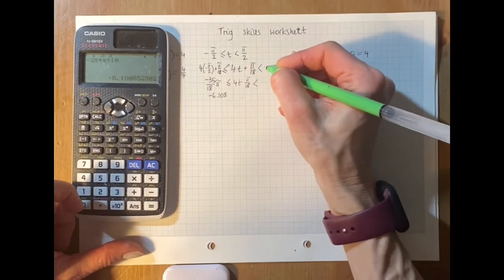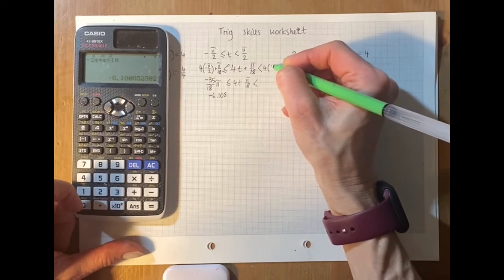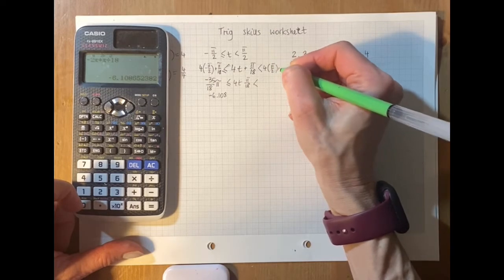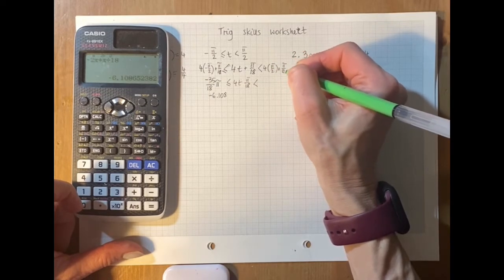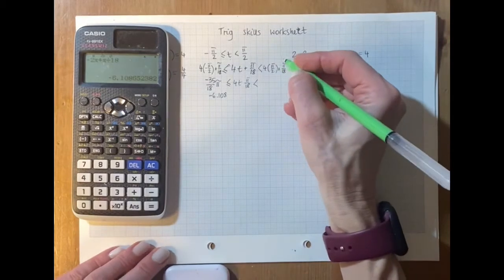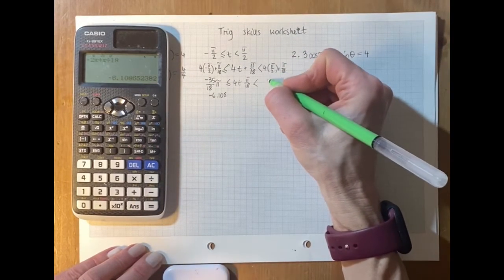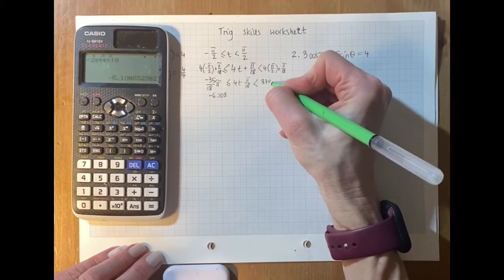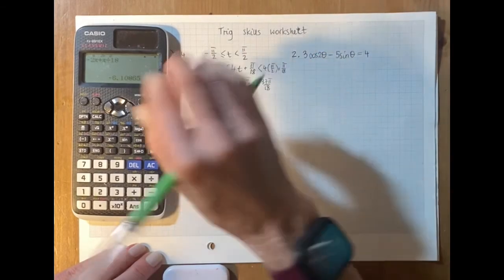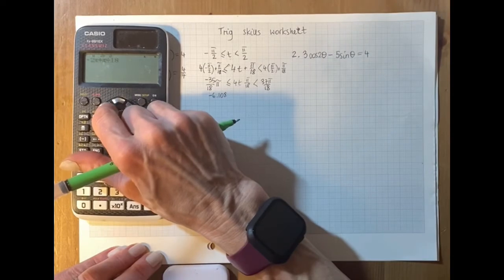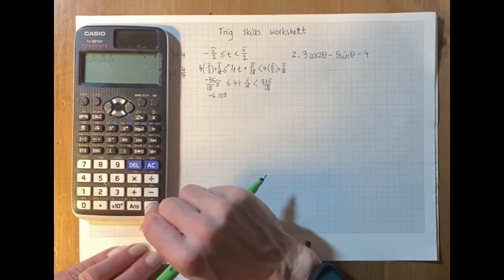And then if I times pi over 2 by 4 and add pi over 18, then I will have 2 pi plus 1/18 of pi, so that should be 37 pi over 18, which I can do again here.